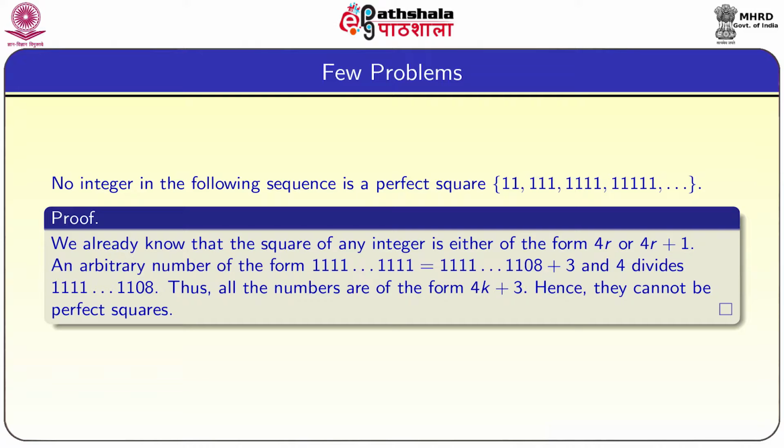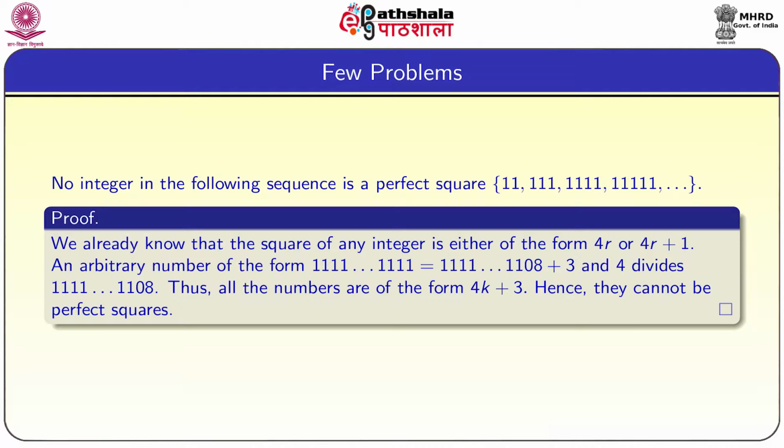If you look at 11 first, 11 can be written as 8 plus 3. So, if I divide 11 by 4, I will get remainder 3. Similarly, 111 can be written as 108 plus 3, so if I divide 111 by 4, I will again get remainder 3. In general this can be applied.